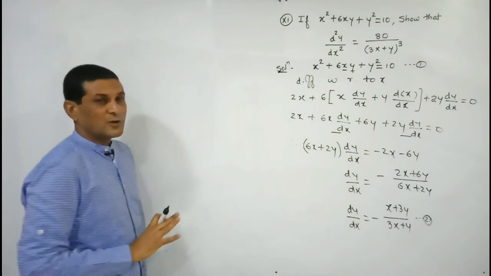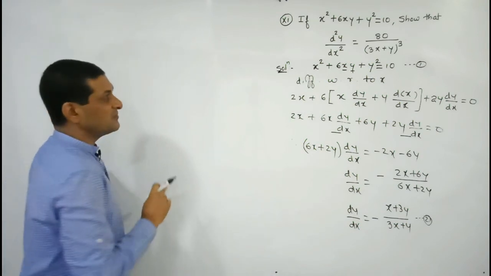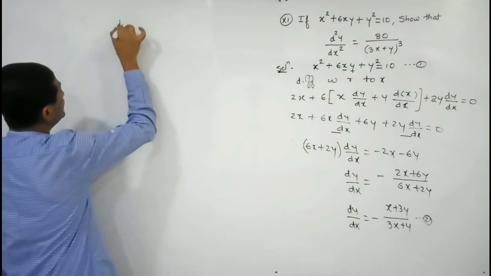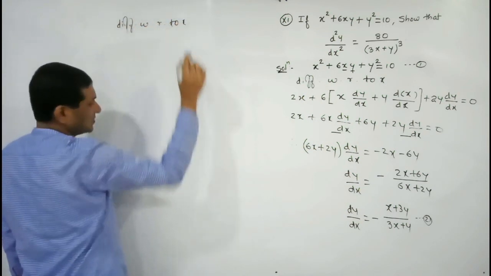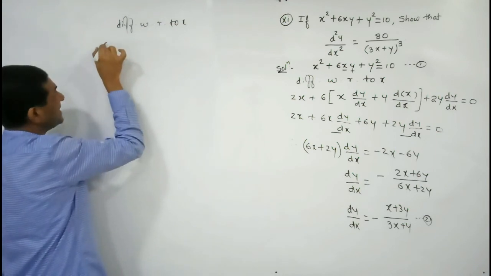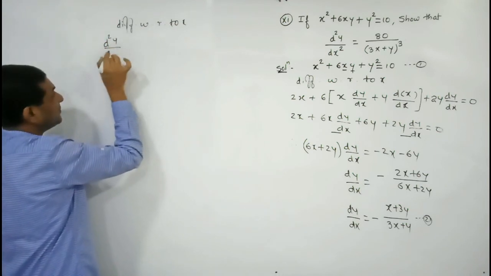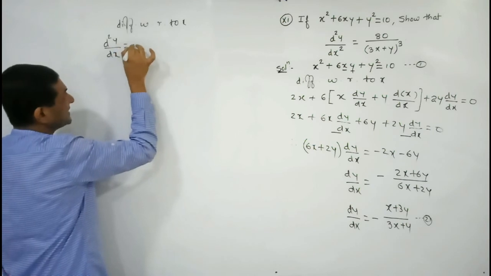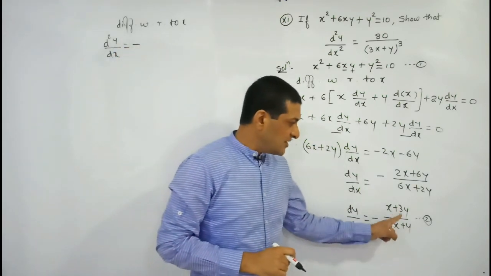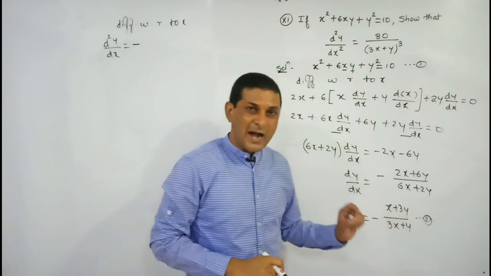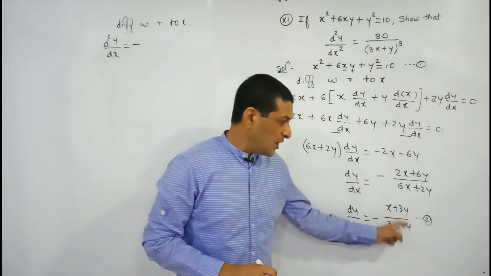To find the second order derivative, again I am differentiating it with respect to x. On the left hand side, the derivative of dy by dx is d2y upon dx square. On the right hand side, keep this minus as it is, and now we are finding the differentiation of this term applying the quotient rule, u upon v.